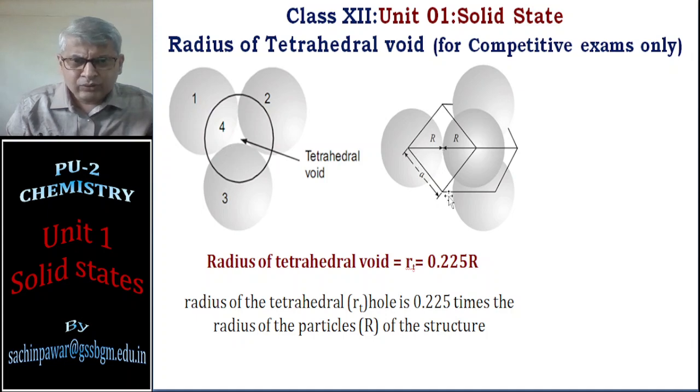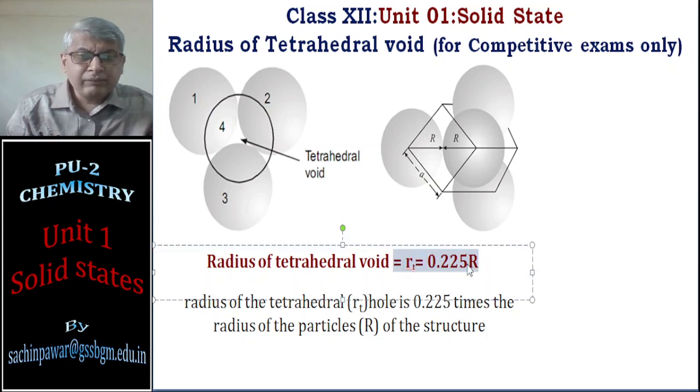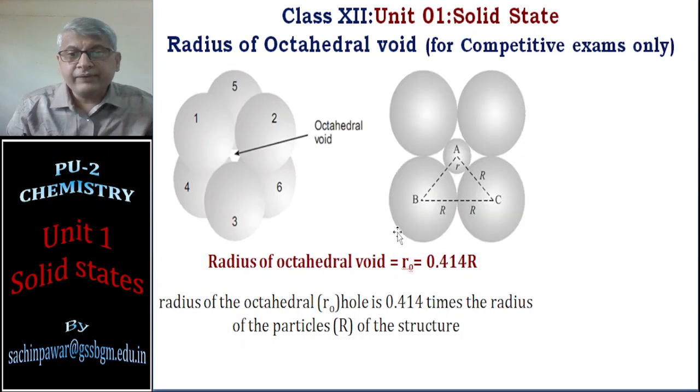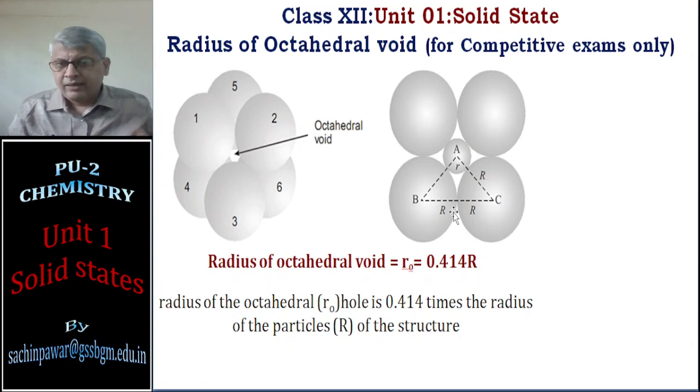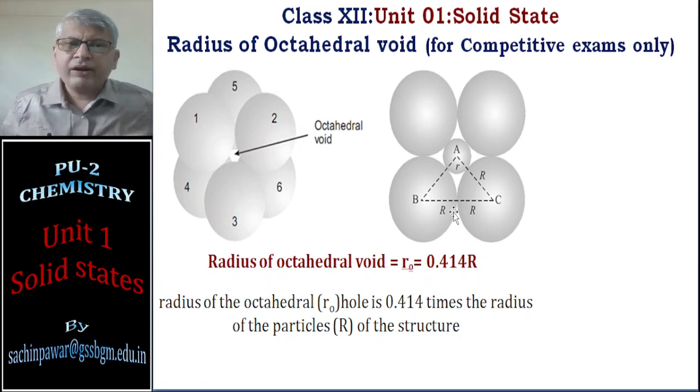The radius of the tetrahedral void is found to be 0.225 times the radius of any sphere in the crystal. That is required for a competitive exam. And the radius of the octahedral void is found to be 0.414 times the radius of any sphere forming that octahedral void. These are the two formulas required for a competitive exam, not mentioned in the government text.